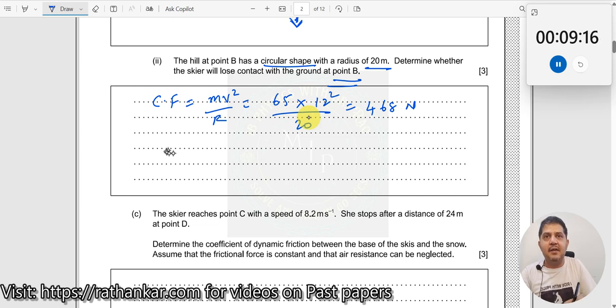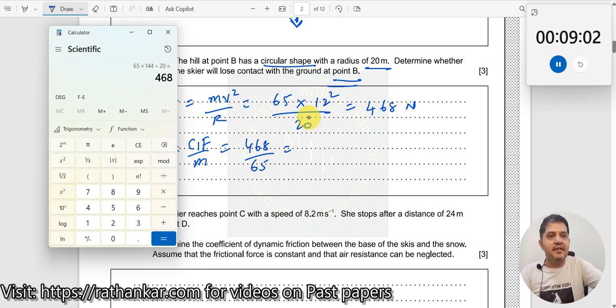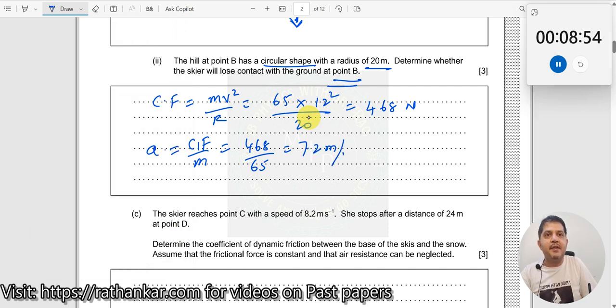I get a centripetal force, but I need the centripetal acceleration. If I want centripetal acceleration, what should I do? a should be equal to centripetal force divided by mass, which should be 468 divided by 65. When you do this, I get 7.2 meter per second square.